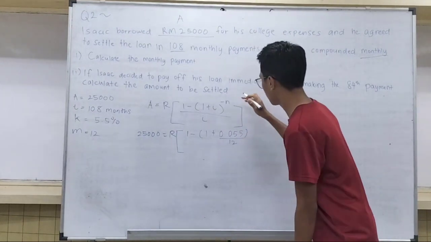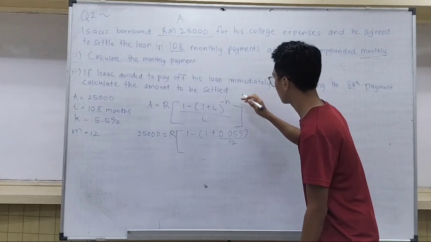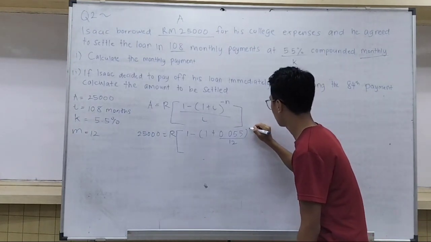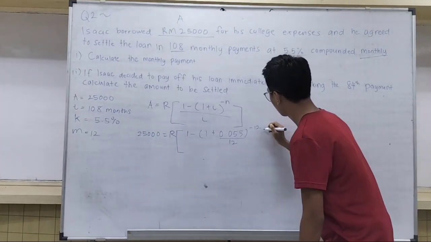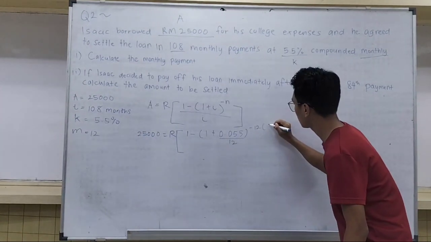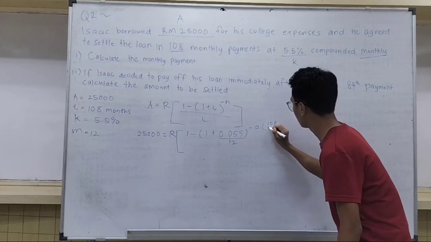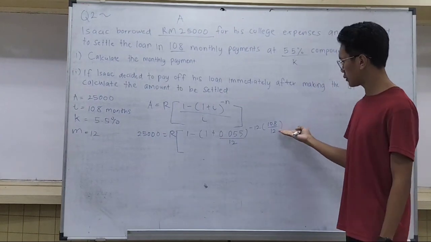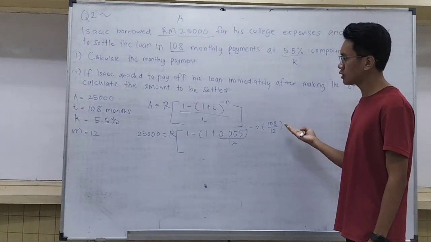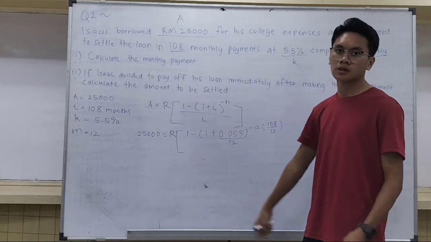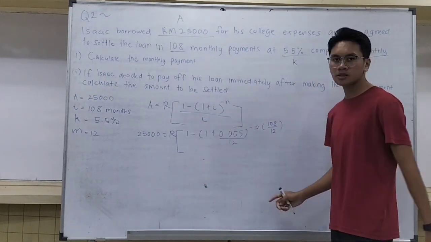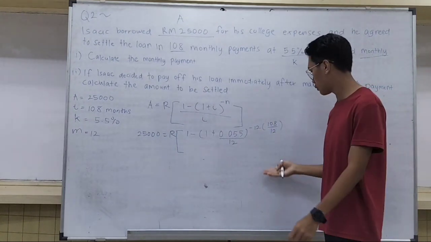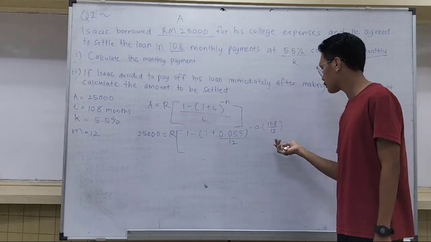And then negative exponent, negative n, where n is m times t: negative 12 times 108 per 12. Why per 12? It is because it is in months, and in a year there are 12 months. So we put 12 here.